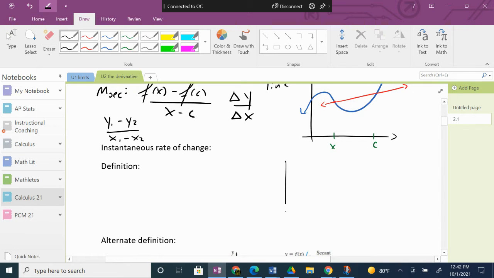Where we'd see it's not going to be that secant line, and we redefine it a bit. But it's going to be a tangent line. So I can say something like, I'm going to redefine this a different way.